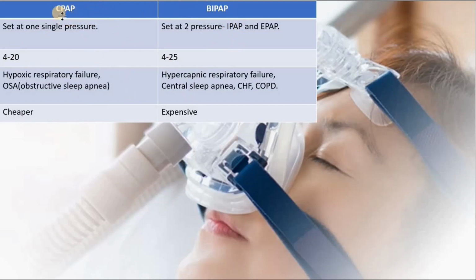The indications of CPAP include hypoxic respiratory failure. That means any condition that leads to hypoxia or decreased oxygen. The patient needs more oxygen. Example, CHF. Another indication, one of the main indications for CPAP, is obstructive sleep apnea. That means the individual experiences pauses in breathing, or they stop breathing while asleep.